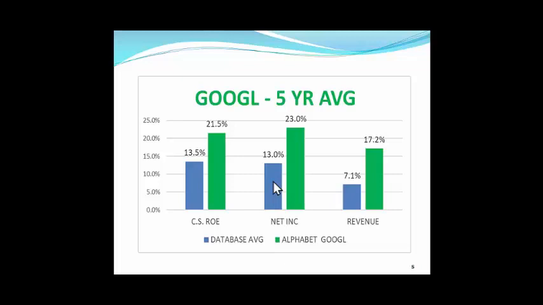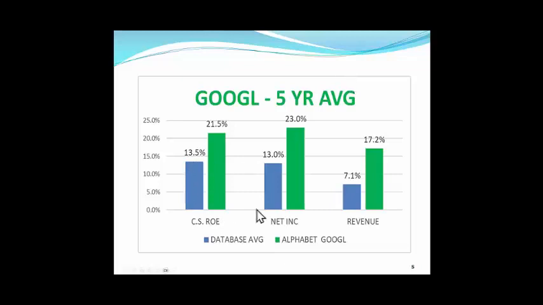Again, 96% of professional money managers cannot outperform the S&P 500 index over any 10-year rolling period. So we use the averages, and we try to fill our portfolio with stocks that are better than average, so we can outperform not only the S&P 500, but also those 96% of professional money managers out there.